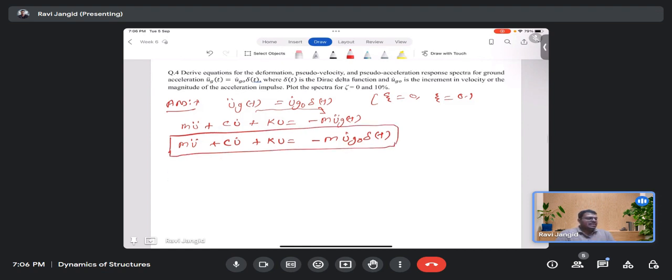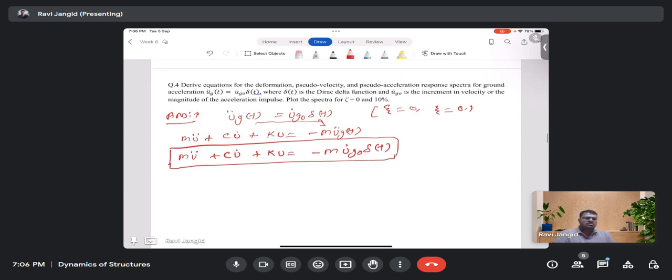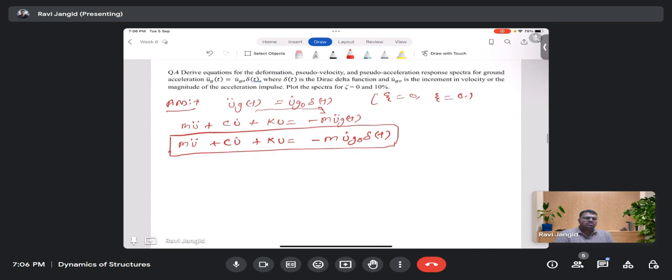Can you explain why the other side is minus, the ground motion acceleration? Did you remember our acceleration is always u plus ug?